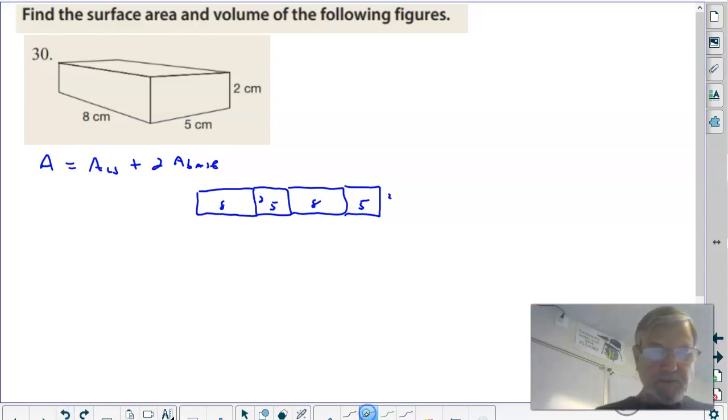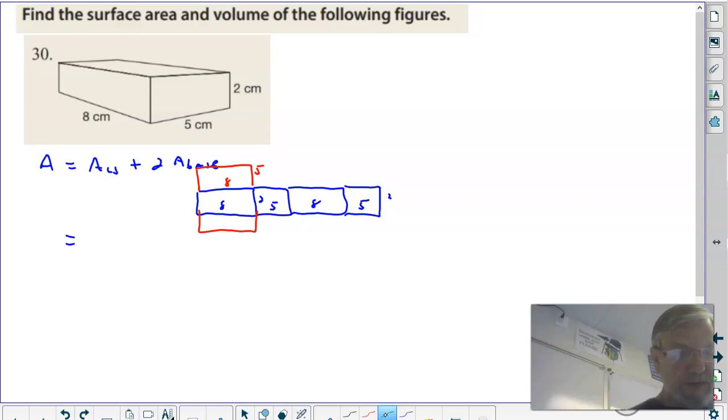And then on the top and bottom, notice, we have to figure out, so the top is 8 long, right, and 5. Okay, so the area of the lateral surface, I'm going to do this in green. So this is base times height plus 2 times, and the bases are base times height.